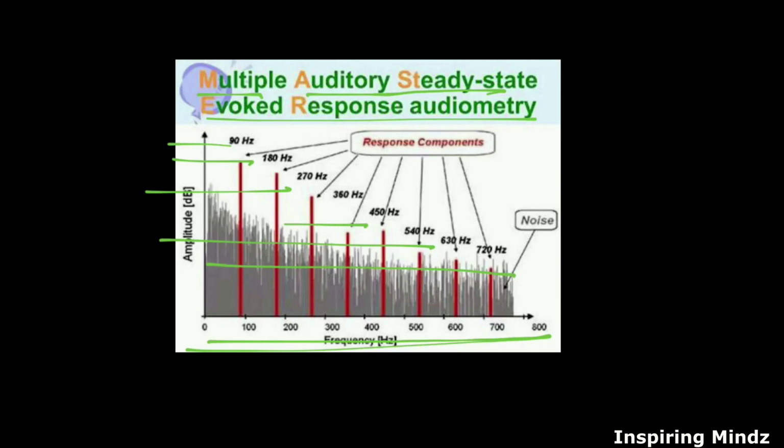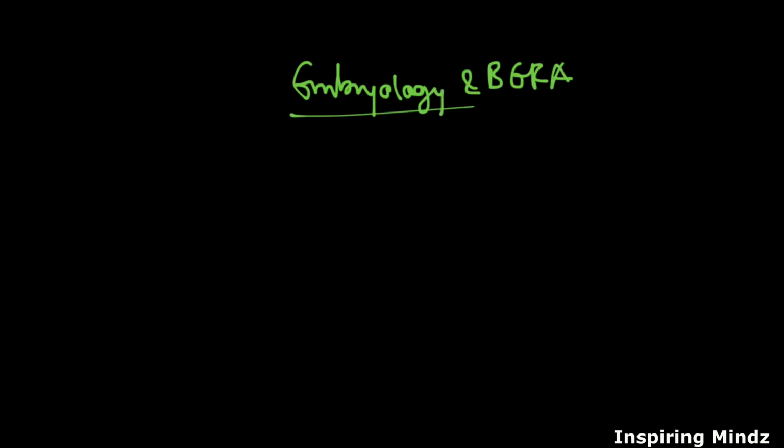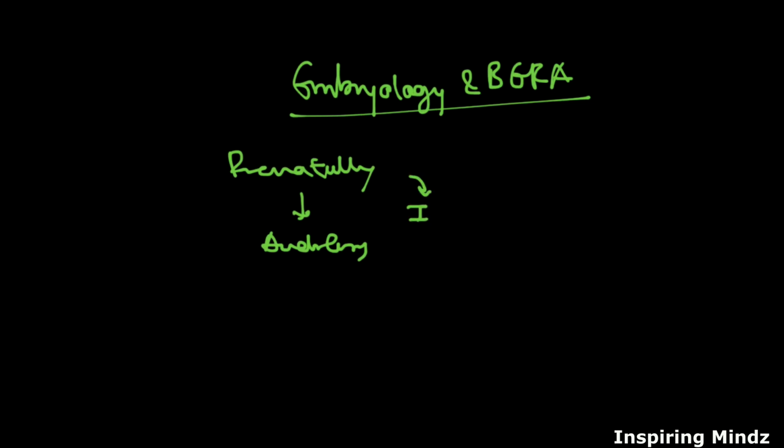Before concluding, let's discuss one point about embryology and BERA. When the child is developing, the auditory pathway will also develop slowly and gradually, and with the development there will be development of mainly the first, third and fifth waves.